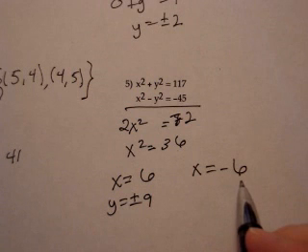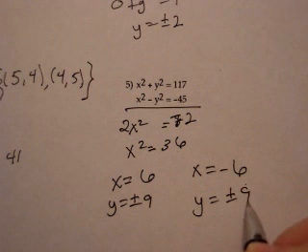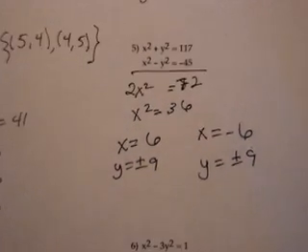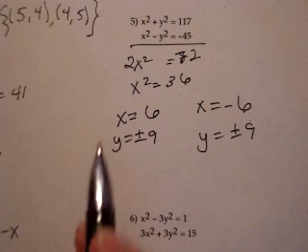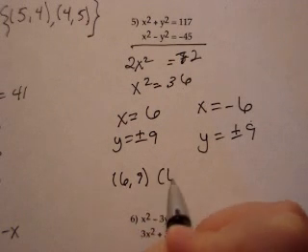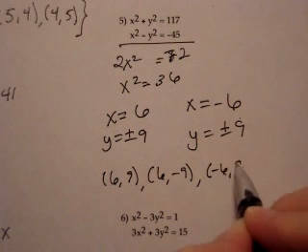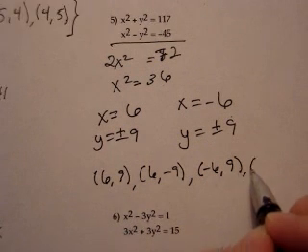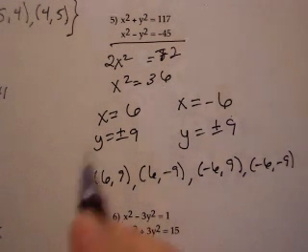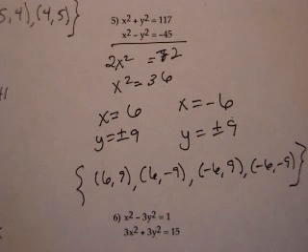And the same thing, if x is -6, when you square it, you get positive 36 again. So once again, you get y is plus or minus 9. Now you cannot leave the answer like that. That would not make me happy. Let's list them out. So I'm listing all 4 ordered pairs this time. Put them in the cool set brackets, and there it is.